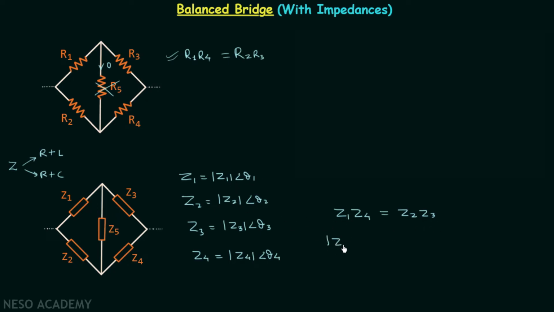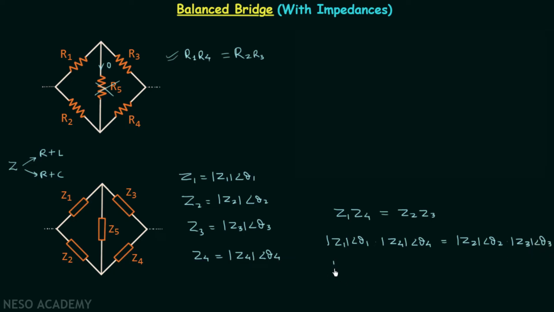So we have mod Z1 angle theta 1, then mod Z4 angle theta 4, equal to mod Z2 angle theta 2 times mod Z3 angle theta 3.